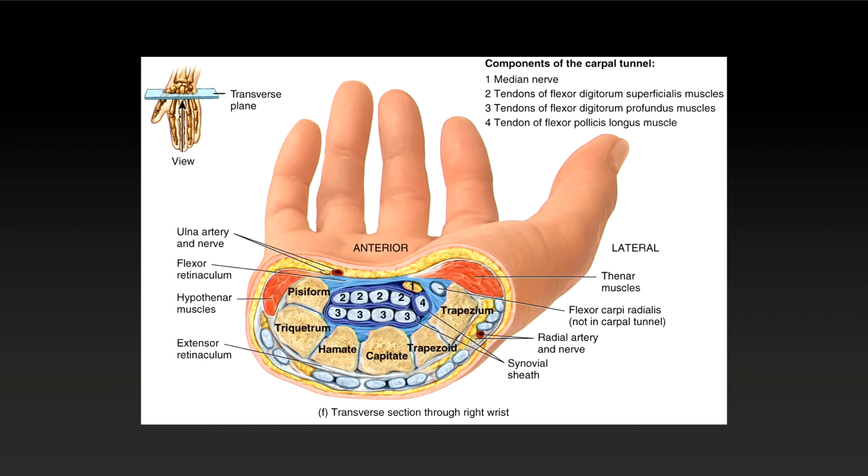All the number 3s, we brought up Flexor Pollicis Longus. Number 4, all of those tendons crammed into the tight confines of the carpal tunnel with the median nerve. And this is what is irritated, that causes that numbness, that tingling, that pain, if you have or develop carpal tunnel syndrome.